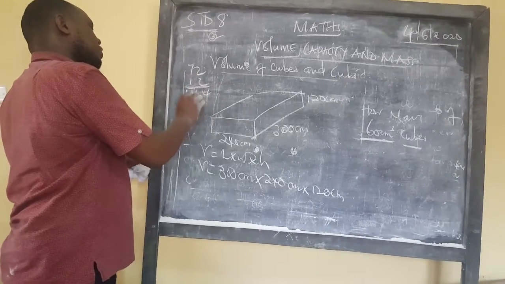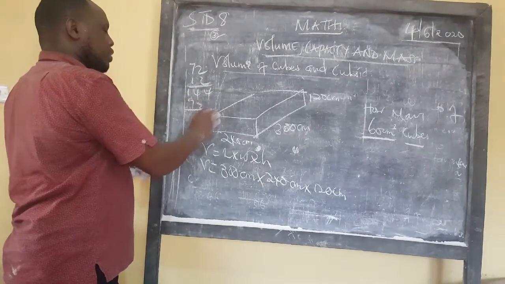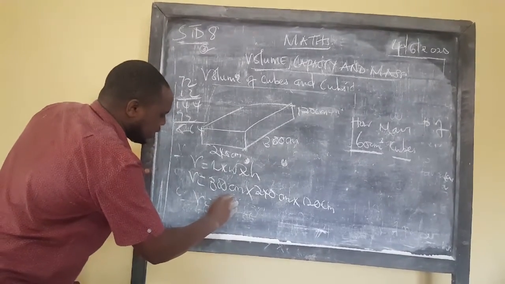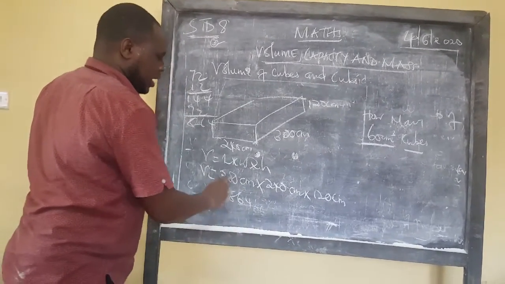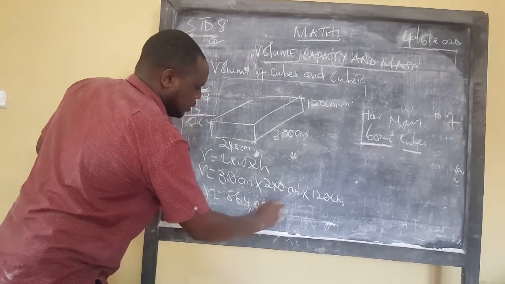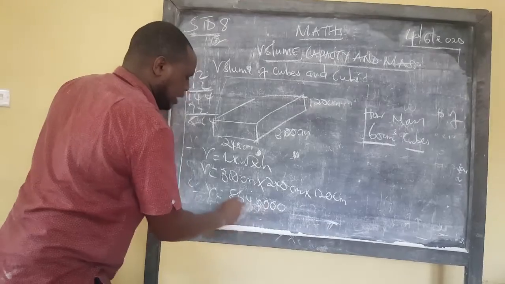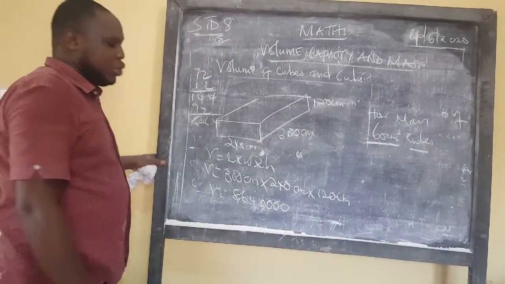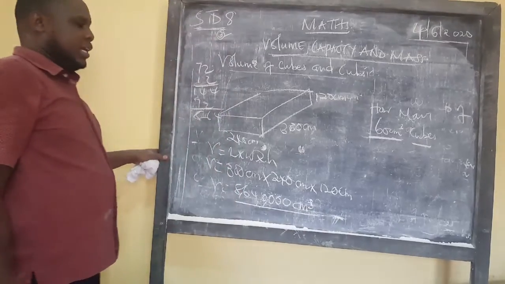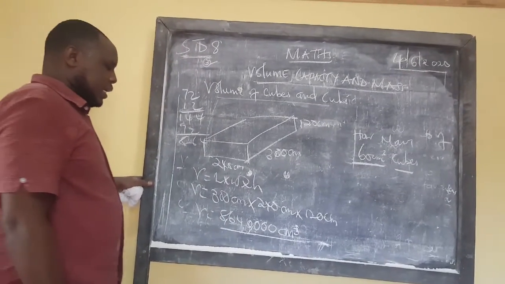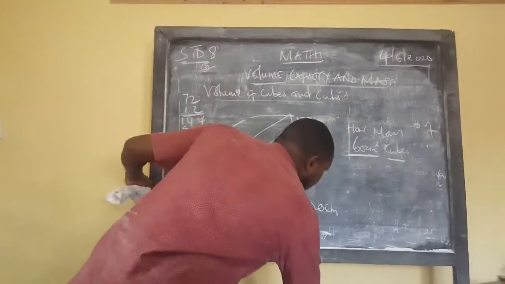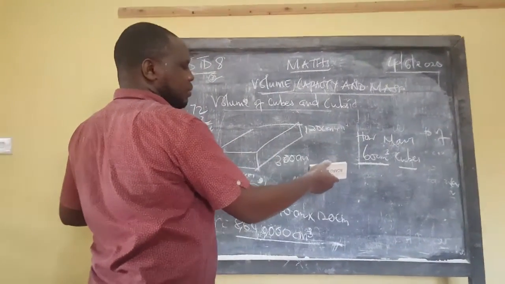So this is going to give you a volume of 8,640,000 cubic centimeters.